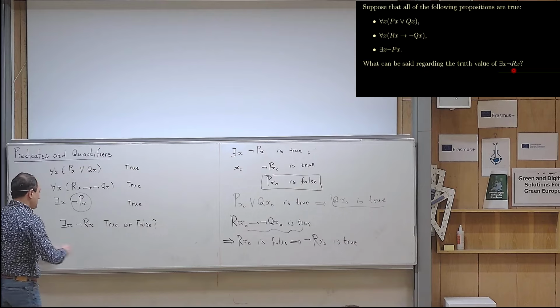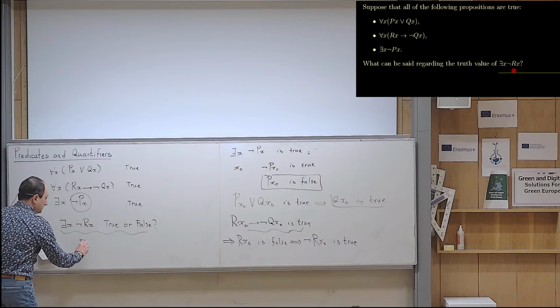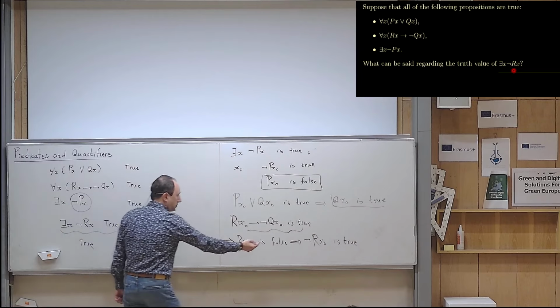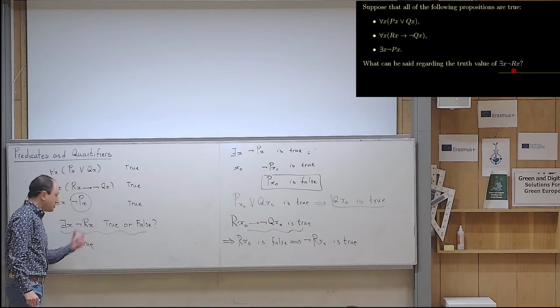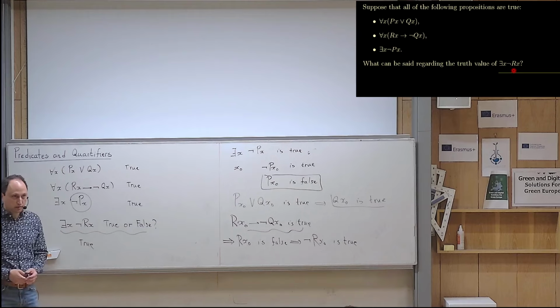So this means that this statement in general, in this case, is true. Why? Because I was able to find an element x naught from the universe of discourse for which this predicate turns out to be a true statement. Yes, that's cool. Is that understandable?